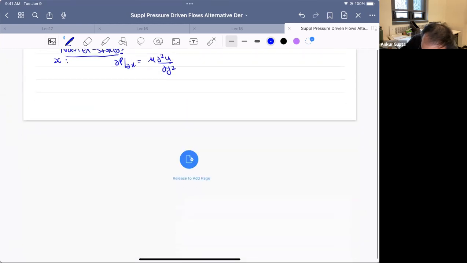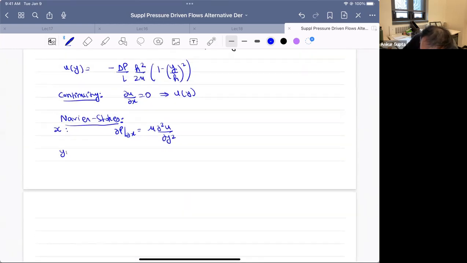And in the y direction, we found del p by del y to be 0. And then this implied that dp by dx is equal to mu d square u by dy square, because u is only a function of y. And this implied that p is only a function of x.